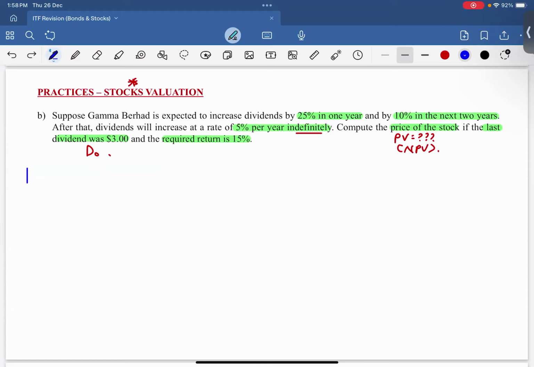This is what we call supernormal growth. Year 0, year 1. Dividend increased by 25% in 1 year, so g is 25%, you write like this. And then 10% in the next 3 years.